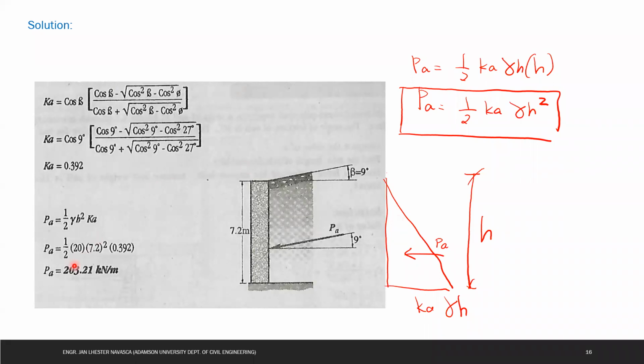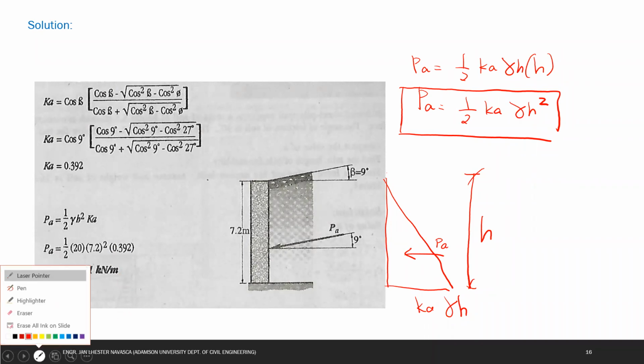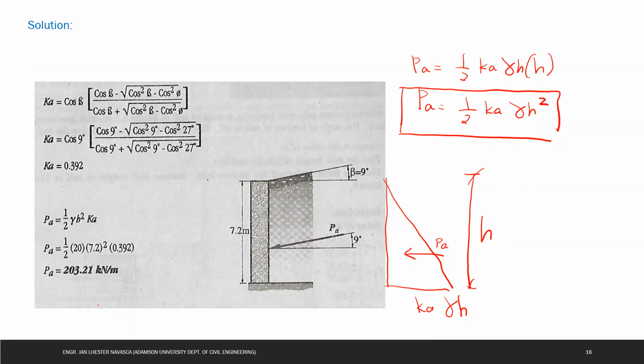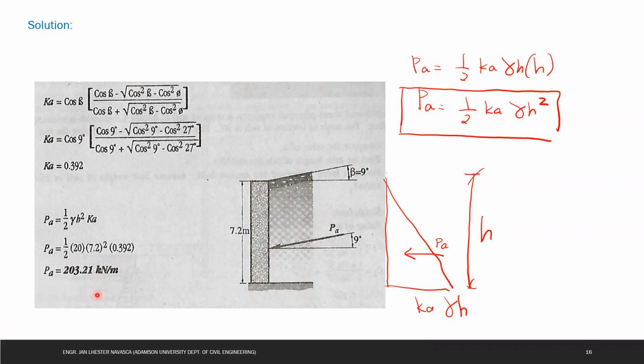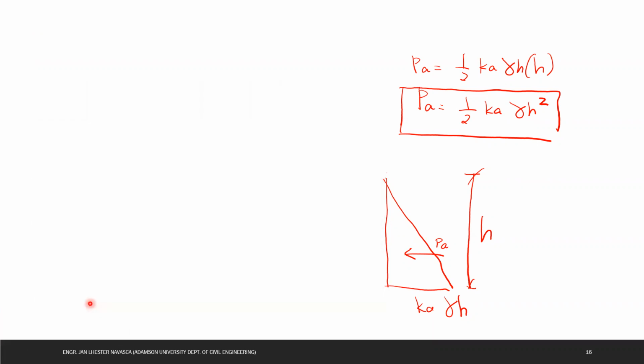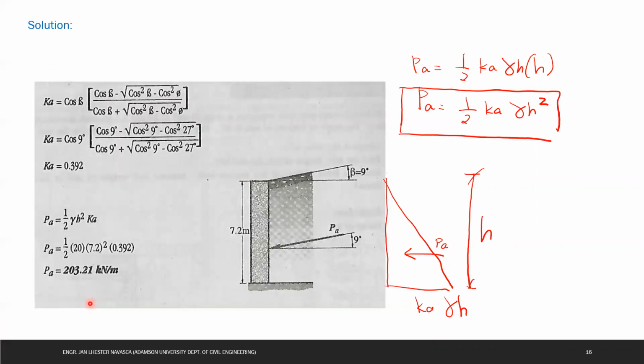So for P sub A, you have 203.21 kilonewton per meter. Because the problem is considering 1 meter width, the total P sub A per linear meter is 203.21 kilonewtons. The problem says the answer is per linear meter, so stick to the per linear meter. So this will be our answer.